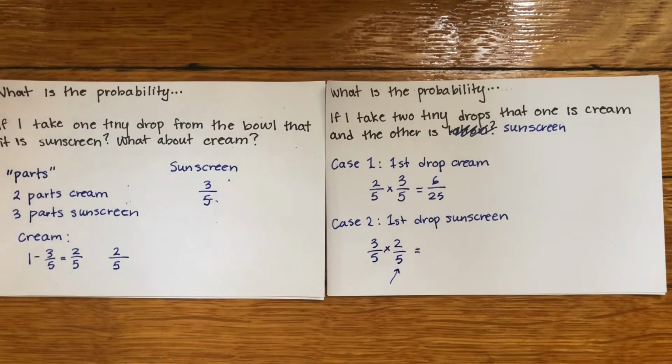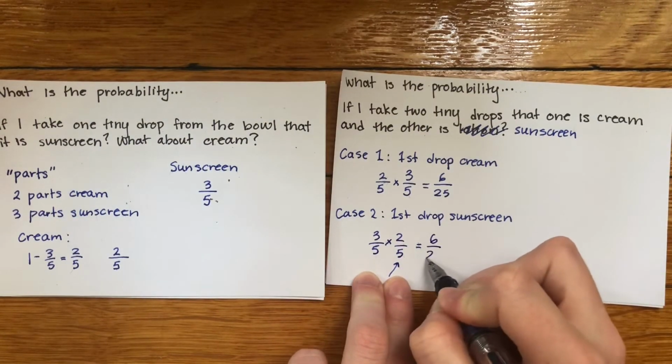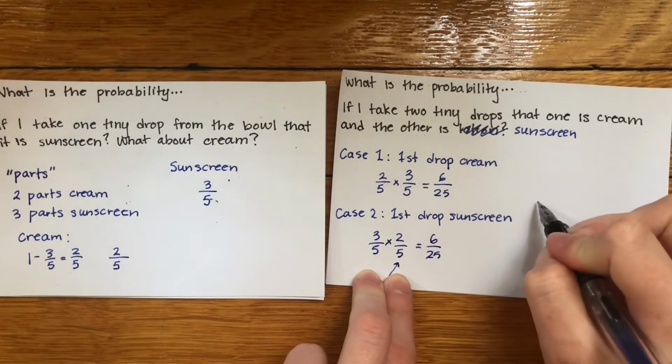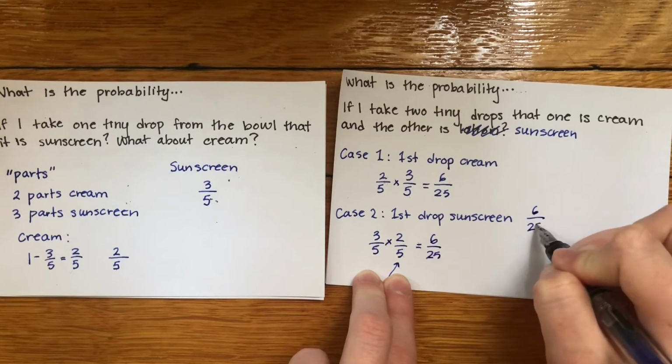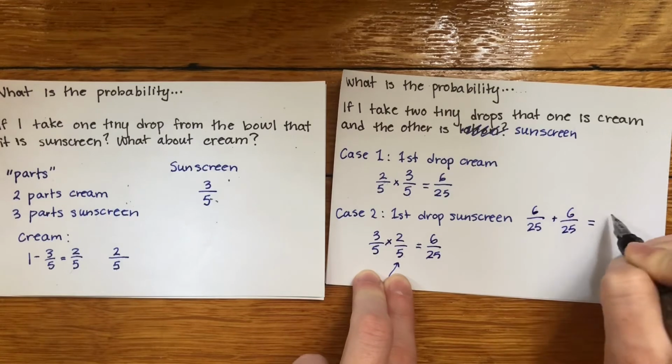If we were taking really big drops, we would have to take that into account. But because the problem doesn't say how big these drops are, we're going to assume that they're basically 0. Again, we get 6/25 for this. So our total answer is 6/25 plus 6/25. I can do the addition there, and I can say that's 12/25.